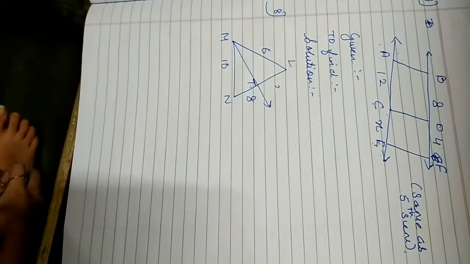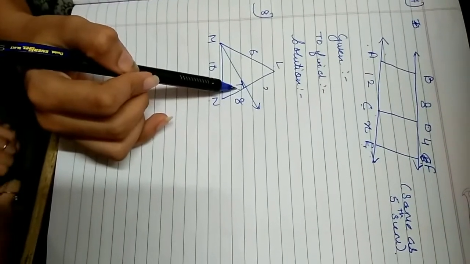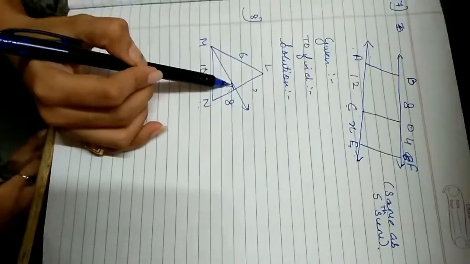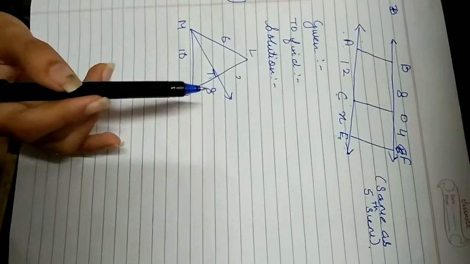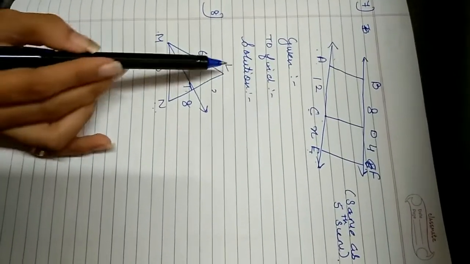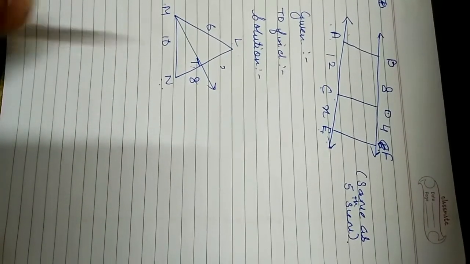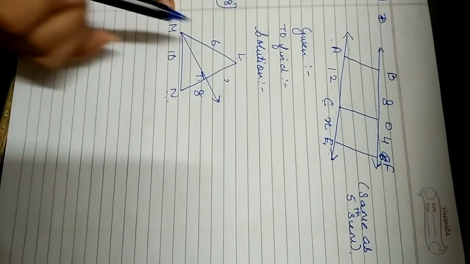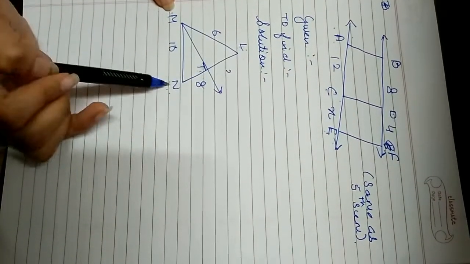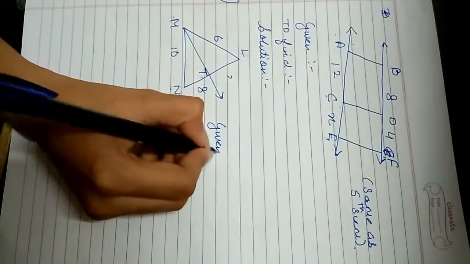Now question 8. In triangle LMN, MT is the bisector of angle M. Values are given. To find side LT, you will have to use the angle bisector property, that is given in triangle LMN, MT is the bisector of angle M, and to find LT by angle bisector property, vertex is M: ML upon MN is equal to LT upon TN. Substitute the values, cross multiply, you will get the answer.